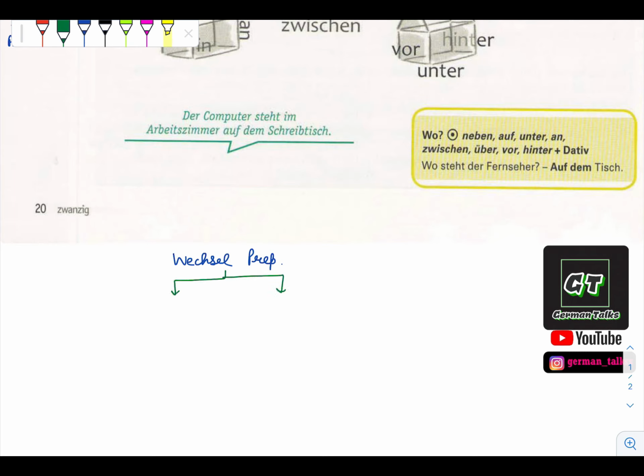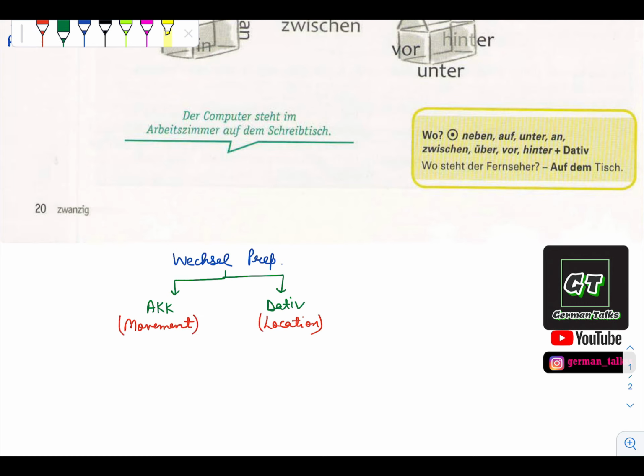In the previous lecture, I told you when there is a movement, we use accusative, and when we talk about location, we use dative.